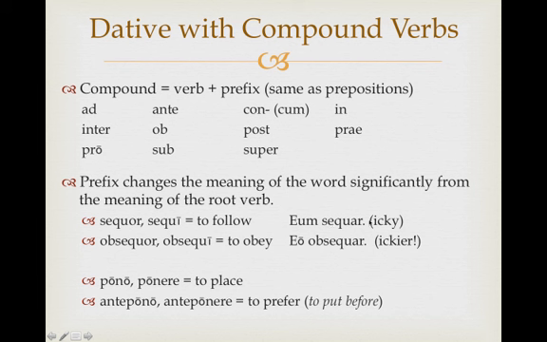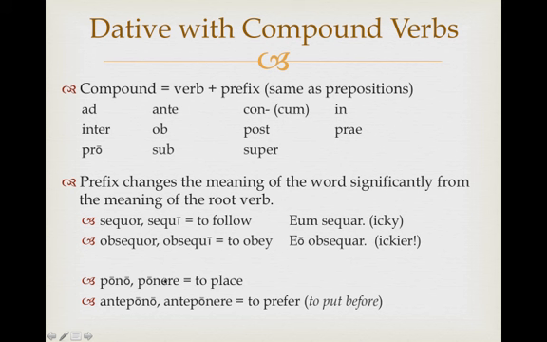And you might notice my feelings on this particular, ugh, icky thing to say. But even ickier is if you say obsequar ei, I will obey her. Now, not only is that an ickier sentence to say, but it also changes the eam of the accusative to ei, dative of the compound verb.